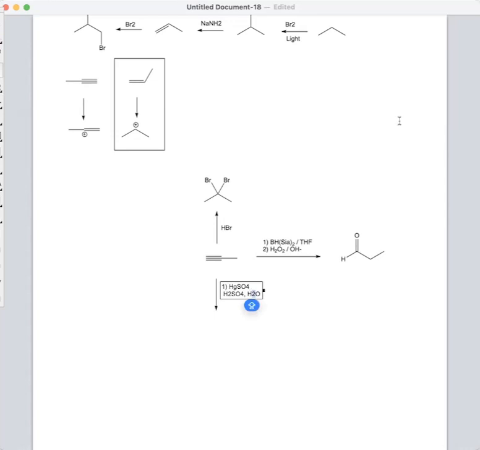So acid catalyzed hydration follows the same pattern as oxymercuration. So we get a mercurinium bridge in step number 1, and then water, the nucleophile in step 2, will be attacking. So I'm going to try to draw the mercurinium bridge for you guys here.